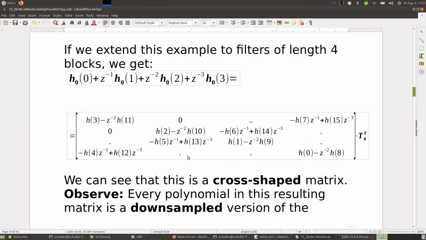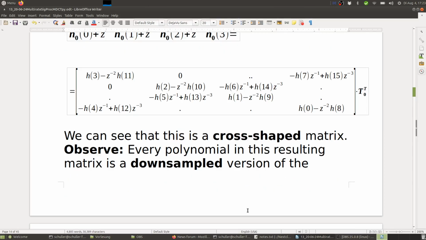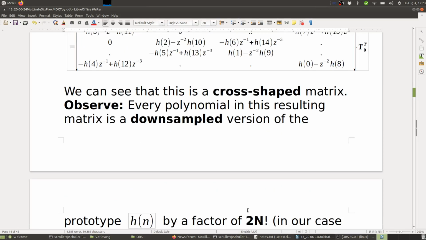And every second time we have a sign change, and every time we change the diagonal. So in this way we get this cross-shaped matrix. We can see this is a cross-shaped matrix. Observe every polynomial in this resulting matrix is a downsampled version of the prototype h of n by a factor of now 2n.